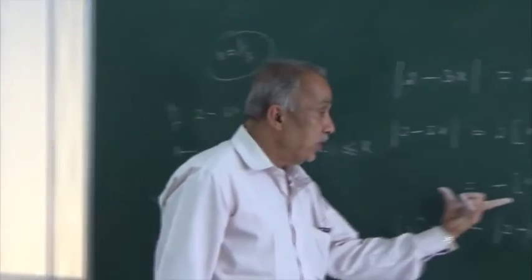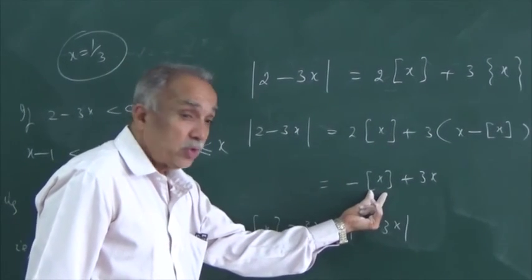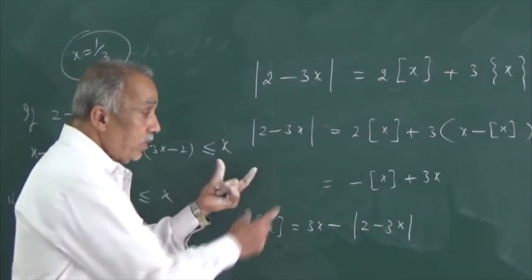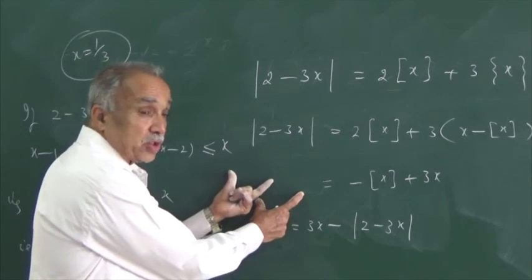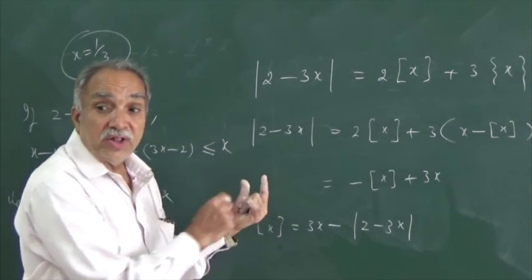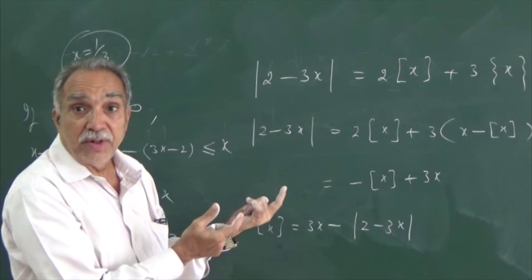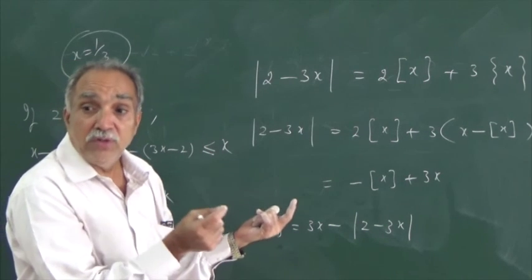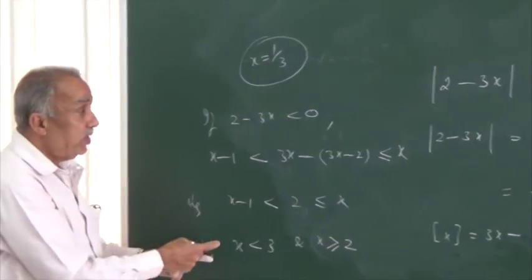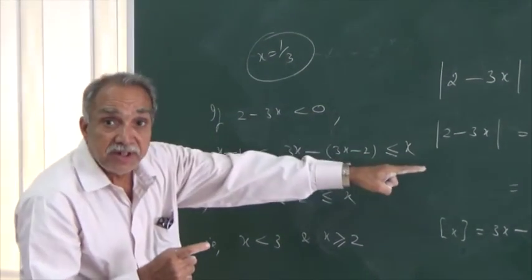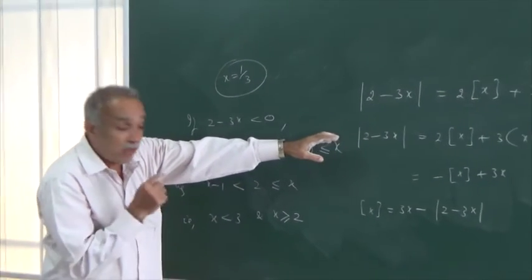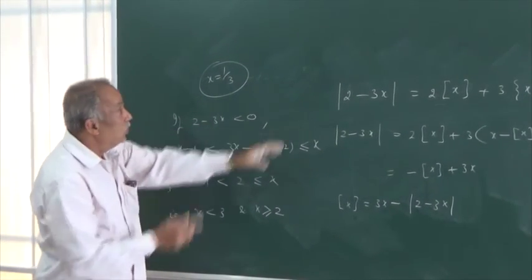Substituting in this equation, this is 2 now, this is 3x minus 2. 3x minus 2 is equal to 3x minus 2. What you got is an identity, means what? Equation is always satisfied. Every number that lies between 2 and 3 satisfies our requirements, also our equation.